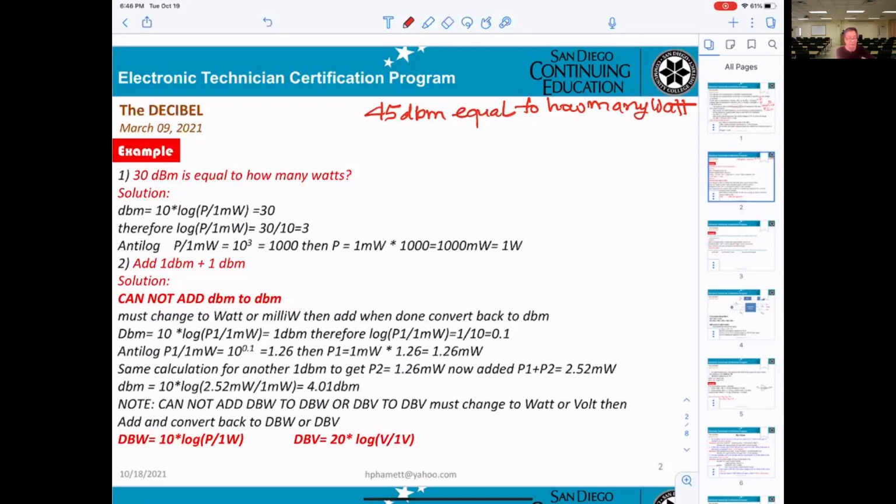If I get 45 dBm, I want to know it is equivalent to how many watt. Whoever gets the answer, let me know.